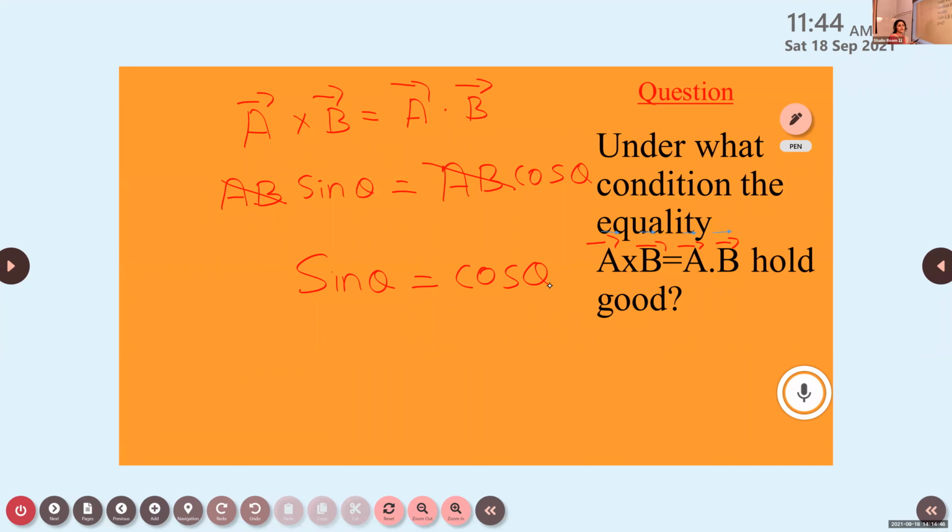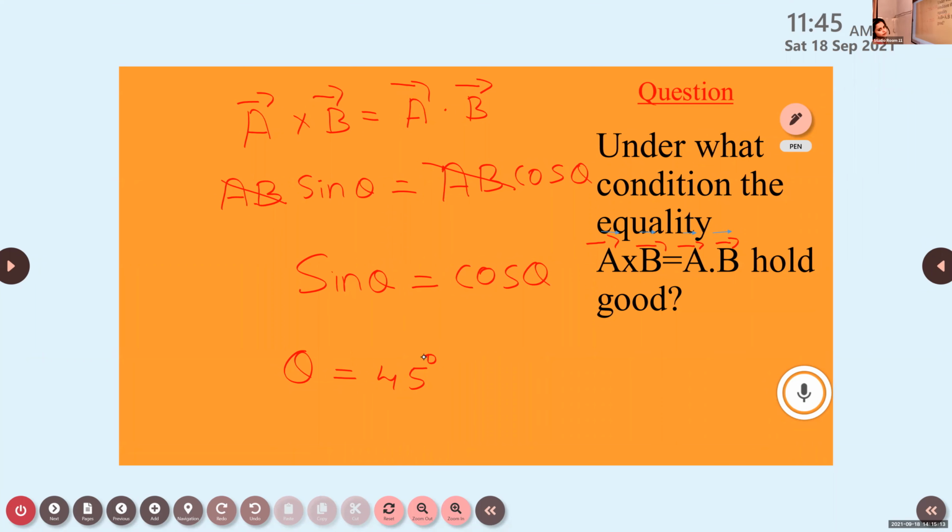Sine theta will be equal to cos theta only at one angle, that is theta is equal to 45 degrees. What is the trigonometric value of sine 45? 1 by root 2.